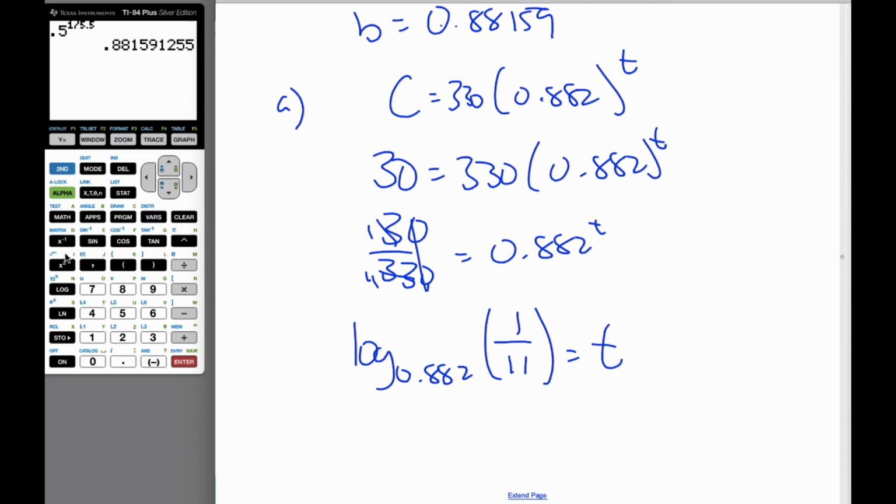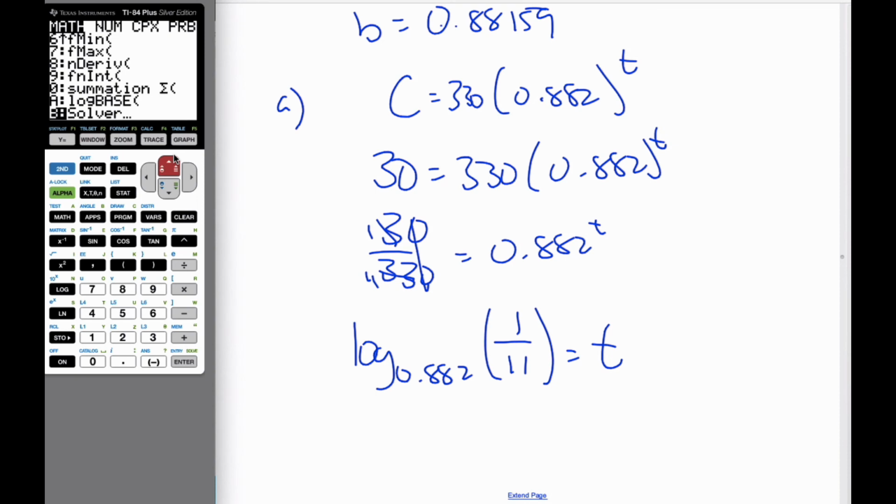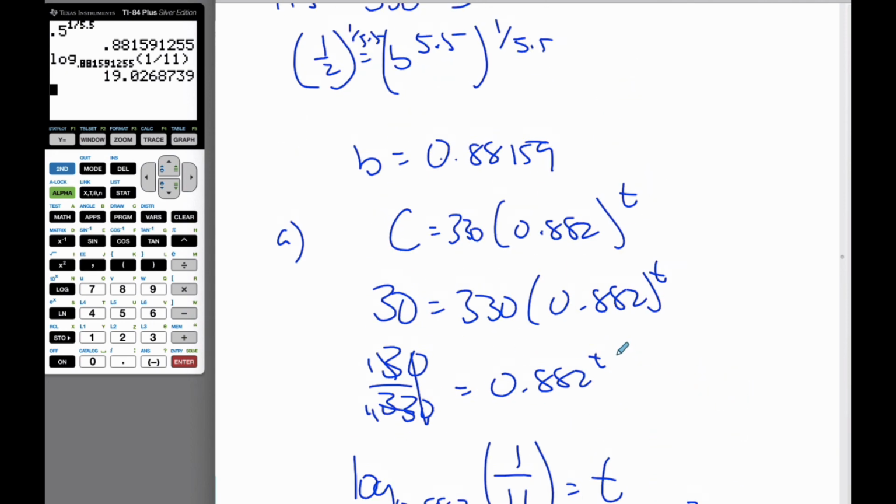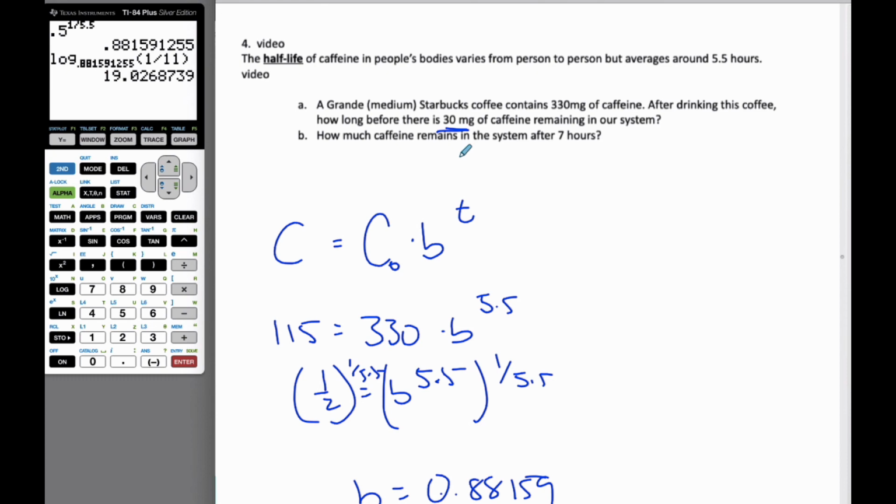So if I go to math, log base, take all the decimals and I'm going to do 1 divided by 11, and it says t is equal to 19.0. So in 19.0 hours, there is going to be 30 milligrams of caffeine left in your body's system.